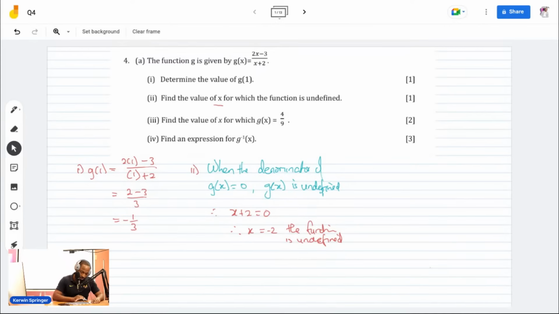And number 3, find the value of x for which g of x is equal to 4 over 9. So in other words, we need to let g of x be equal to 4 over 9.